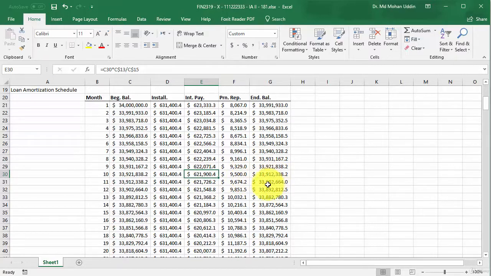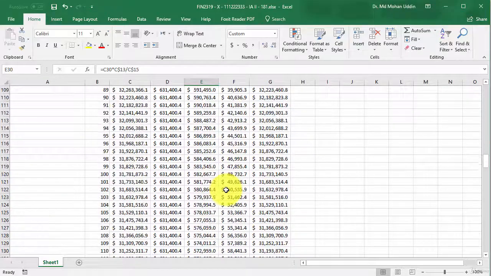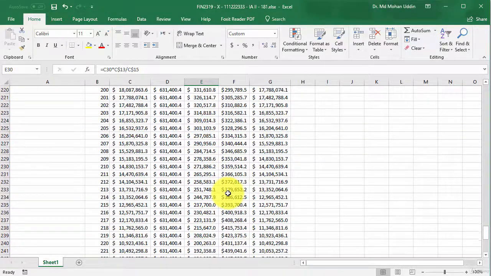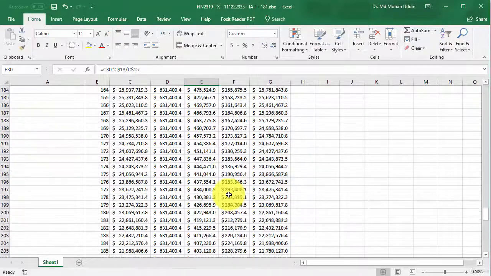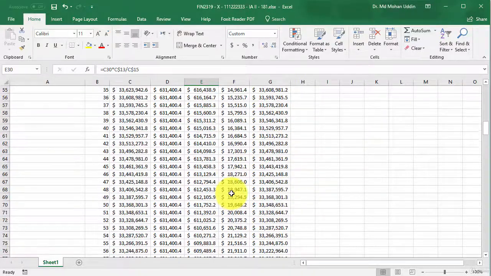At the end of the 10th month, your loan balance is 33.9123382 million. So this is how you can know the status of the loan in any month if you pay the installment equally every month.